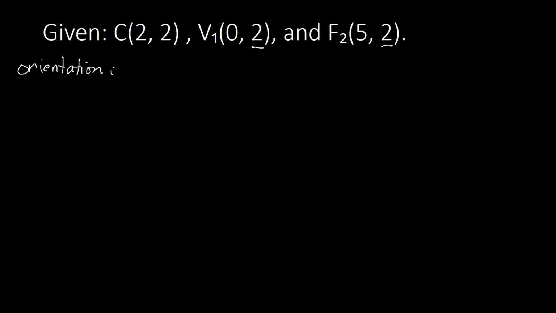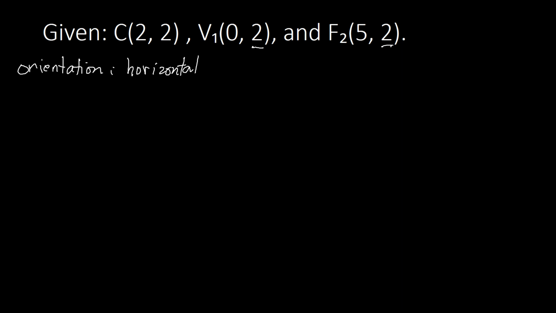Because our x changes on the value of our vertex 1 and focus 2, this is horizontal. Basically, if you have the same value on a particular component of the coordinate, then the orientation will be along the component with the different values.